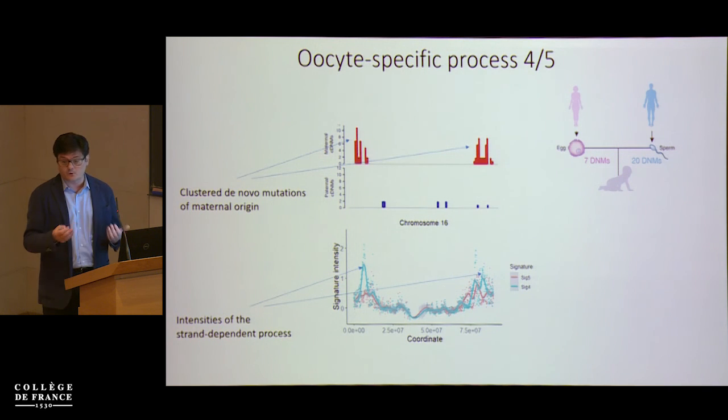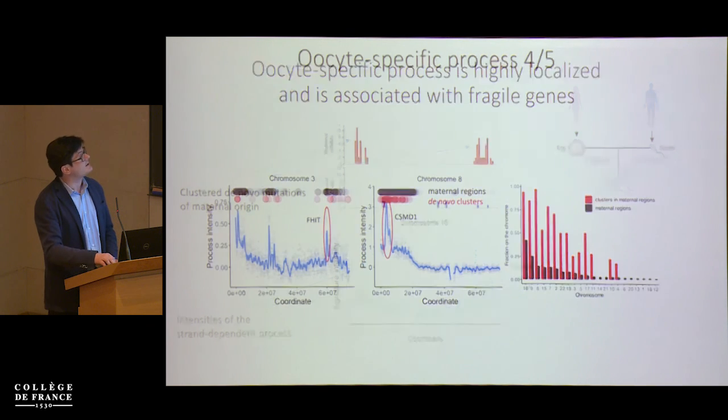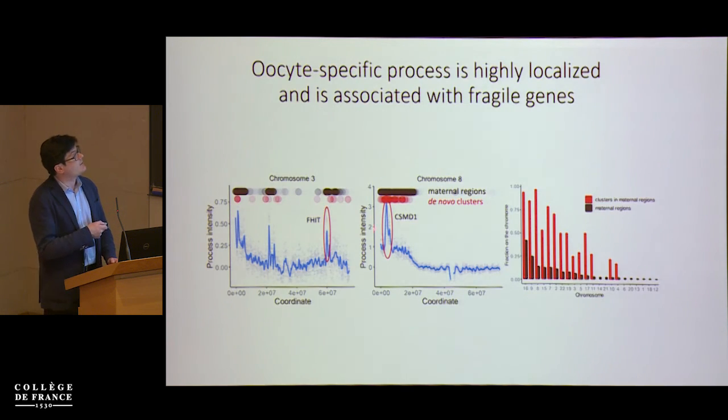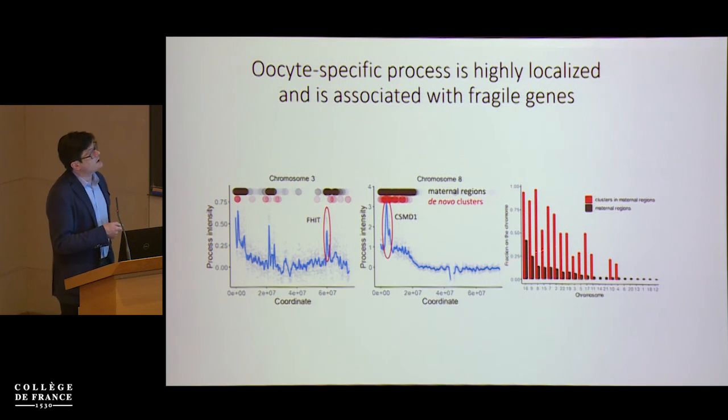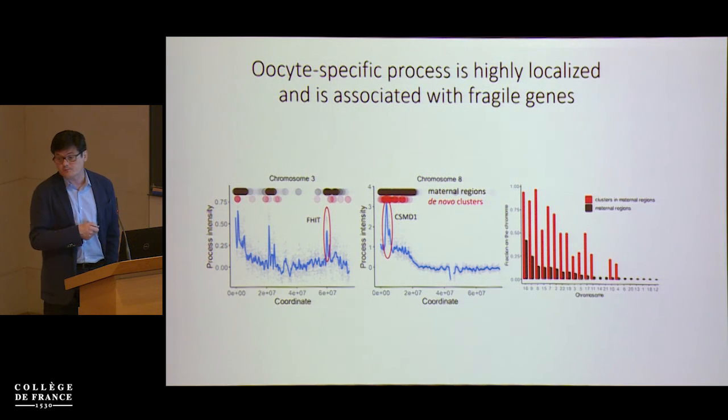Now, of course, there are more regions where this process has high intensity, and we find many more regions. Again, it's still localized. It's not a very large fraction of the genome, but we find a whole bunch of other places where we see density of de novo maternal clusters correlating with these regions we pick up from unsupervised analysis of polymorphism data. They frequently colocalize with fragile genes.